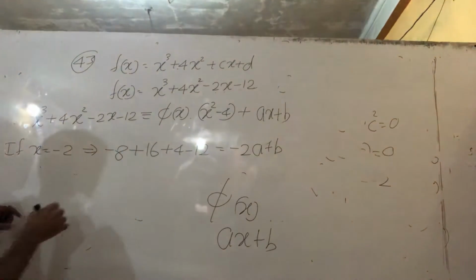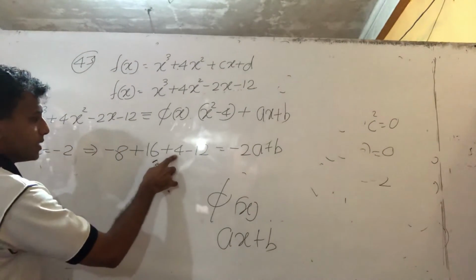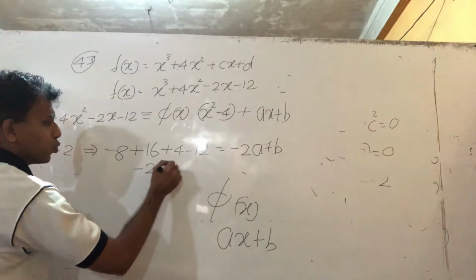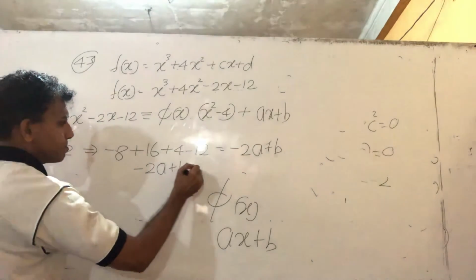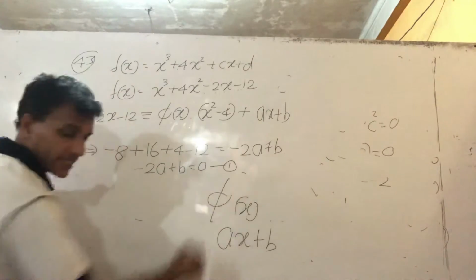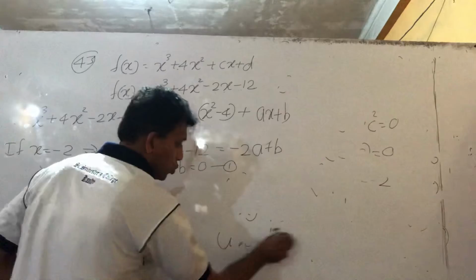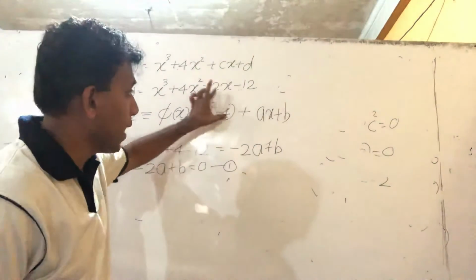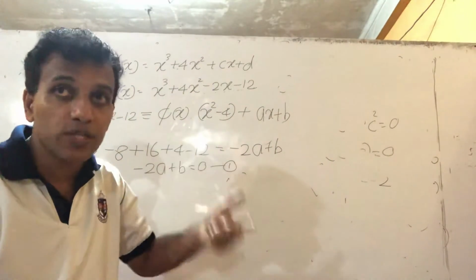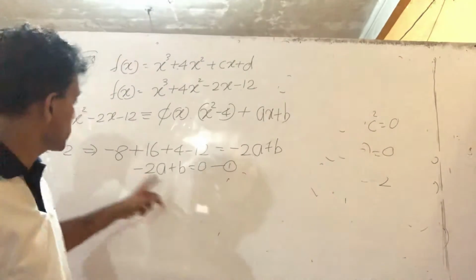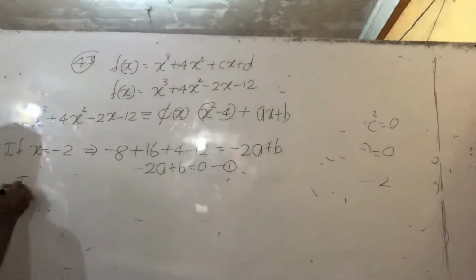Okay, then what is that? Here 20 minus 20 is 0. So minus 2a plus b equals 0. That is your first equation. Next one, put x equal to plus 2.